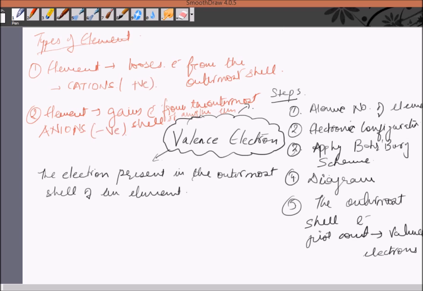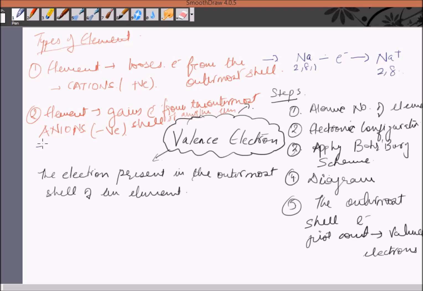Let's take an example. Example of the cation: let's take sodium, which has the electronic configuration 2, 8, 1 with respect to the Bohr-Bury scheme. We minus an electron and it will have the ion, that is a cation, with 2, 8, right?